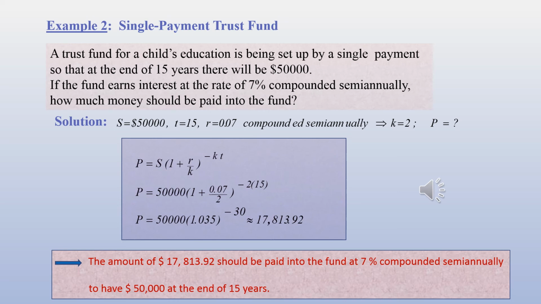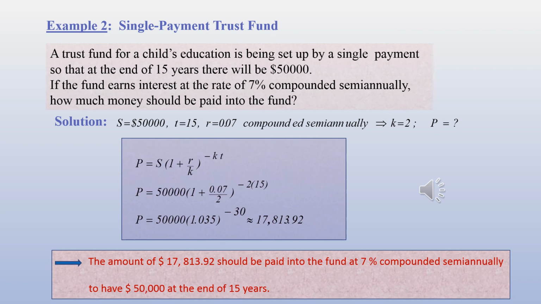So the formula becomes P is equal to 50,000 multiplied with (1 plus 0.07 divided by 2) to the power of minus 2 multiplied with 15. So 1 plus 0.07 divided by 2 becomes 1.035 and 2 multiplied with 15 becomes 30. So the formula becomes P is equal to 50,000 multiplied with 1.035 to the power of minus 30.